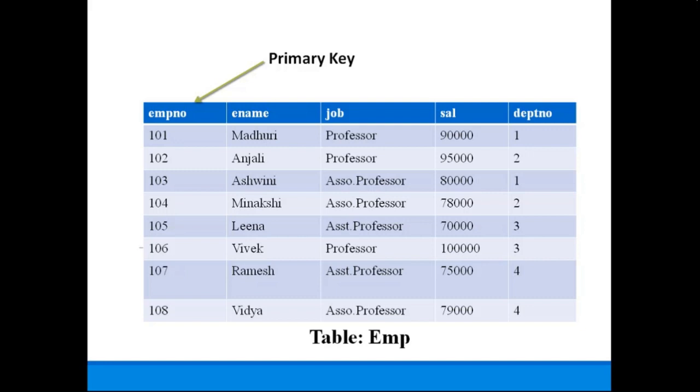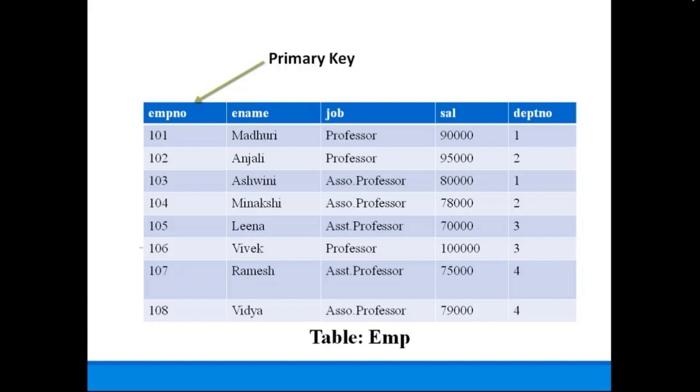If I wanted to add a new record into table EMP, that is Geeta's employee record, with employee number 102, is it possible to insert Geeta with employee number 102?